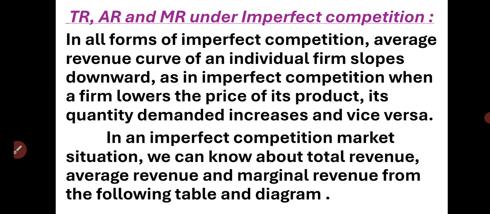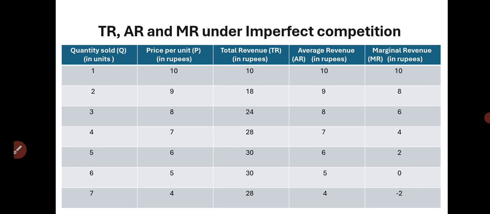So in an imperfect competition market situation, we can know about total revenue, average revenue and marginal revenue from the following table and diagram. You see, in this table, TR, AR and MR are given. In the first column it is quantity sold, in the second column it is price.